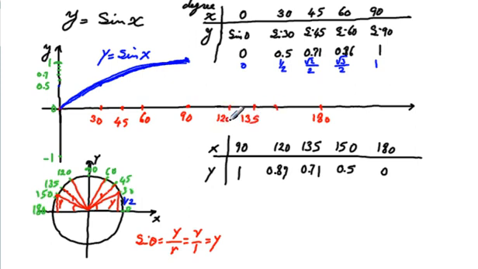This is going to be 120, and this is going to be 150. 120 and 60 mirror each other. At 120, I come up as high as, let's see, at 120, I come up to the same height that I came at 60. At 135 and 45, I copy these two. At 30 and 150, I copy them as well. At 180.